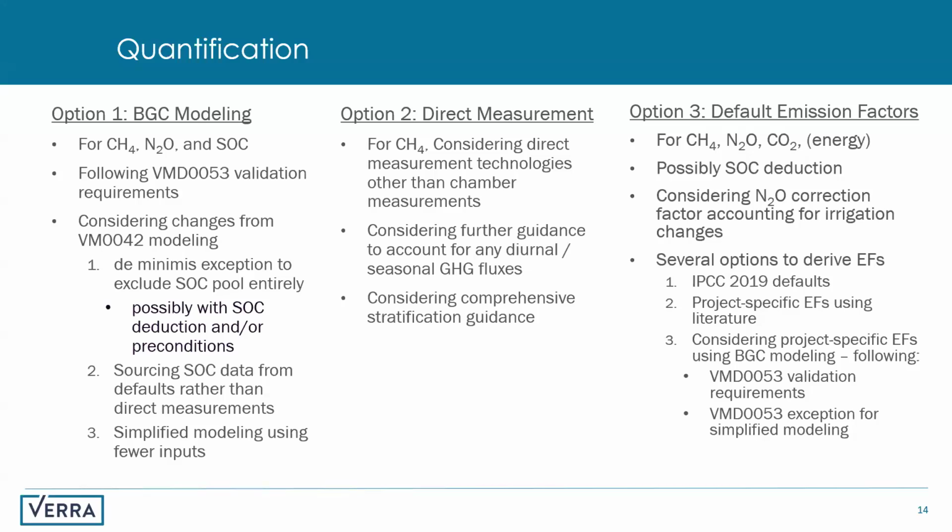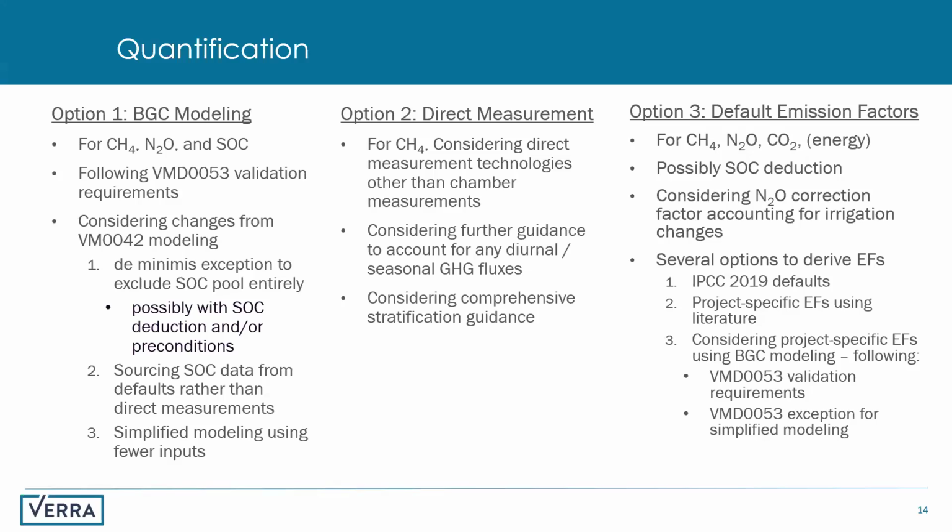And lastly, we're also exploring an option to create simplified modeling using fewer inputs. Those of you familiar with the rice carbon offerings in the United States will probably remember that an effort like this was undertaken for the California compliance system in particular.